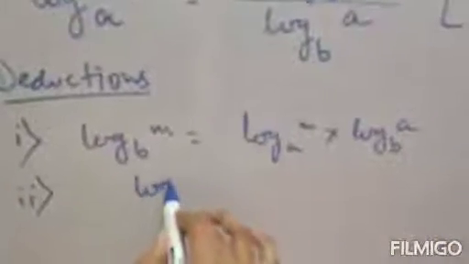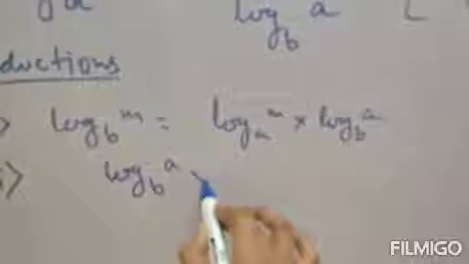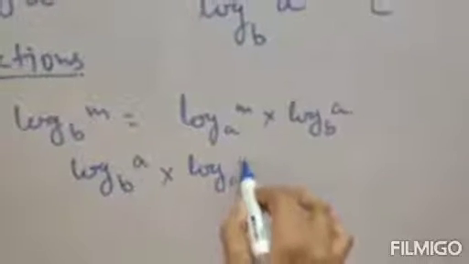Next deduction: suppose you want to find the formula of log b base a into log a base b. The position of the base is just changed, so its answer will be 1.